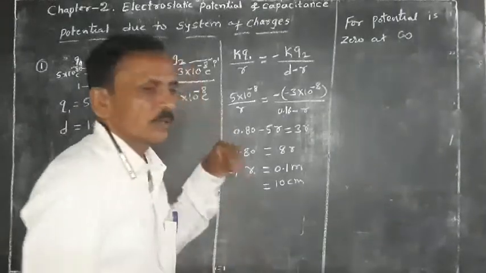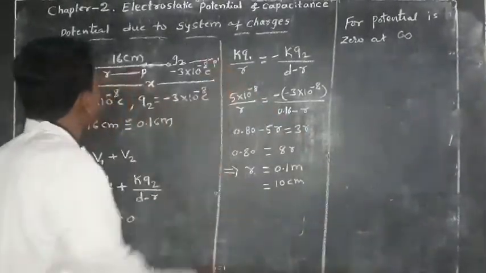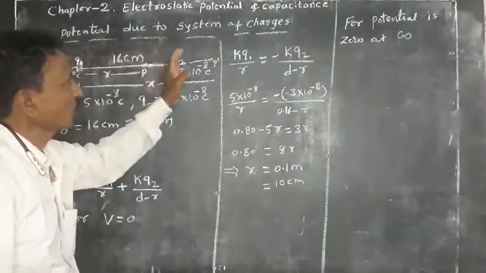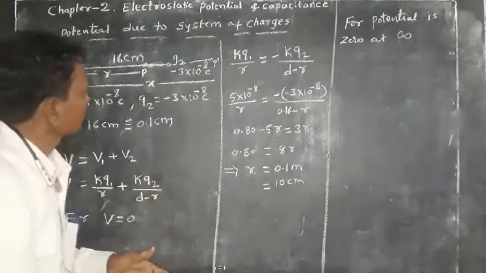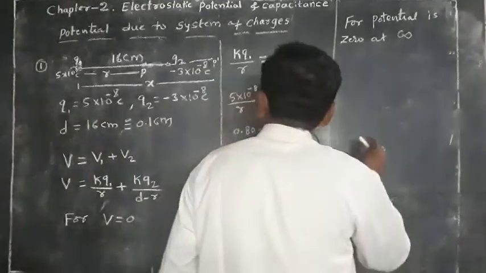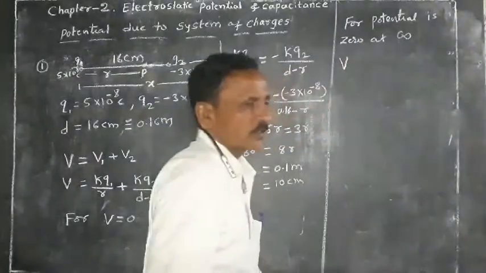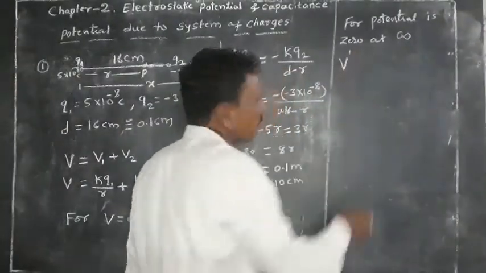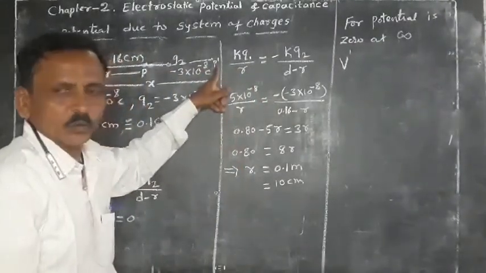P dash be another point at which potential due to Q1 and Q2 is equal to 0. Then total potential phi dash at P dash due to Q1 and Q2.